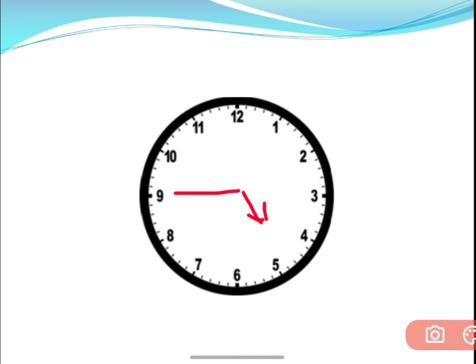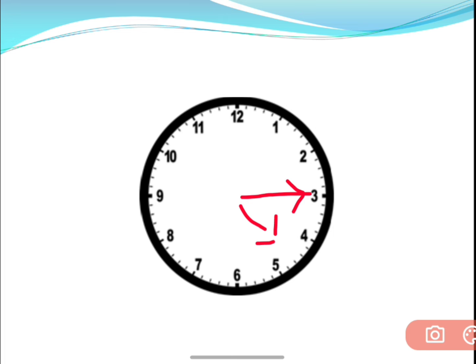That means 15 minutes to 6. There are only 15 minutes to point to 6, to become 6. But if it is pointing to 3, that means 15 minutes past 5. That means 5, and after 5, 15 minutes have passed. We got to time 5 and 15 minutes have passed.